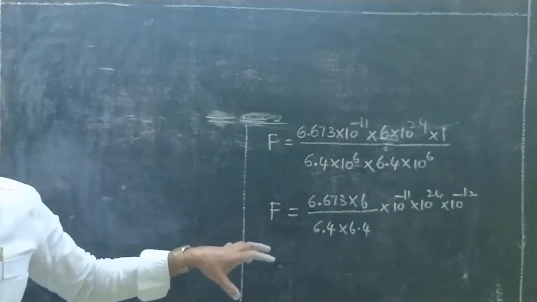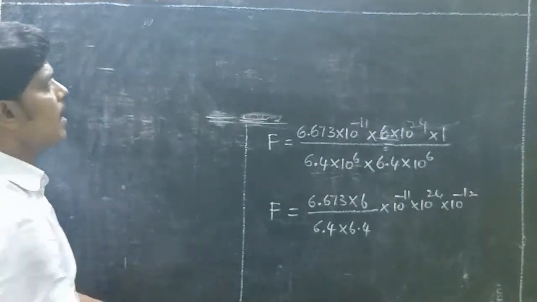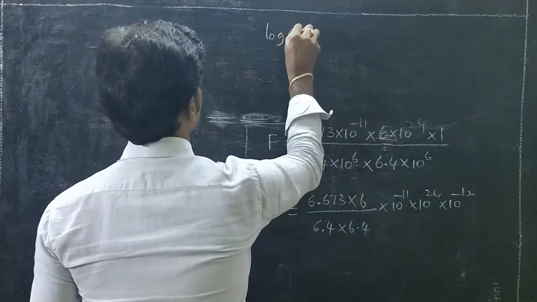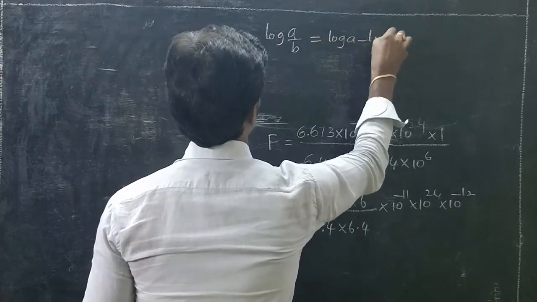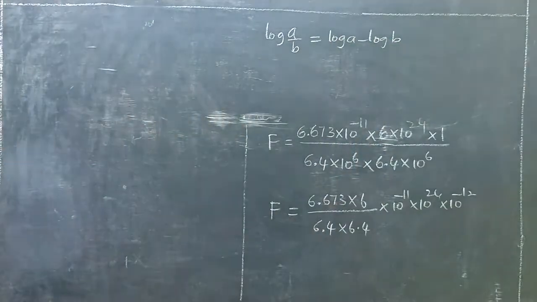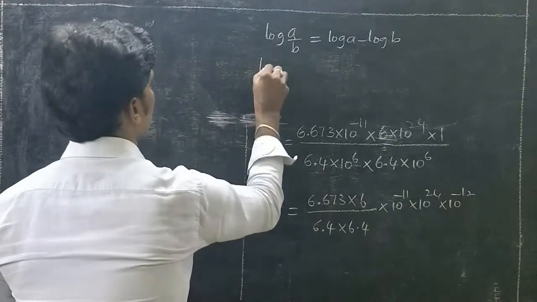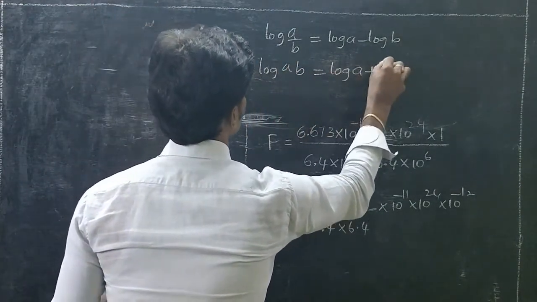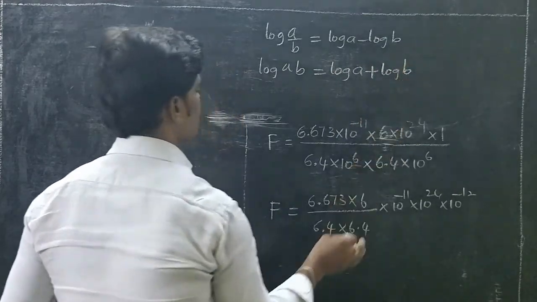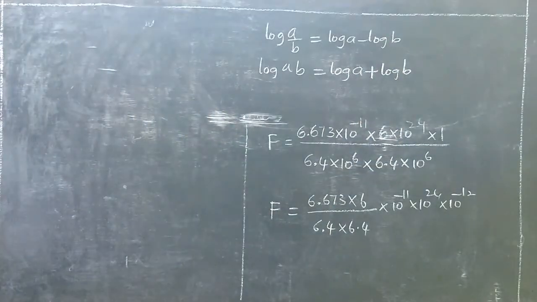Before calculating this fraction, log a by b is equal to log a minus log b. This is one formula you have to understand. And log ab is equal to log a plus log b. So we use these two formulas to calculate this fraction.